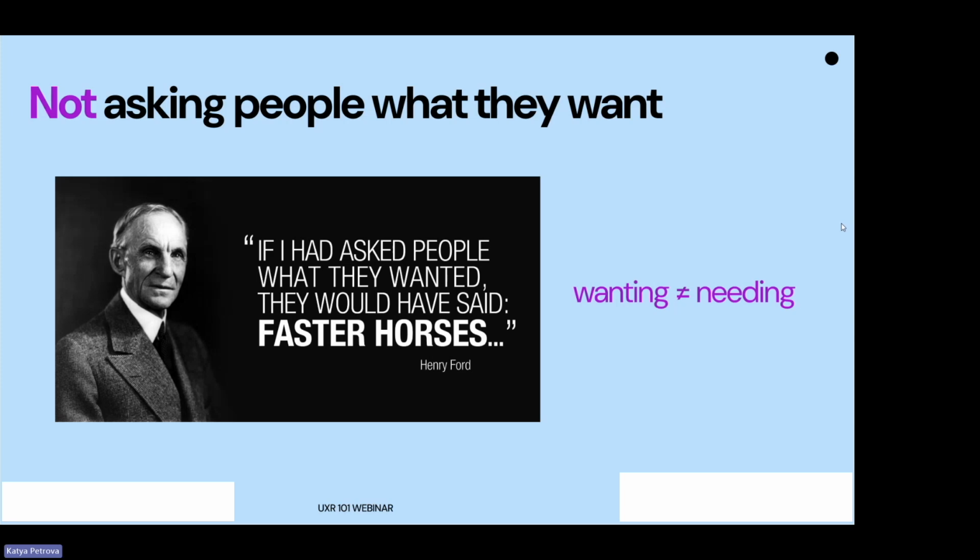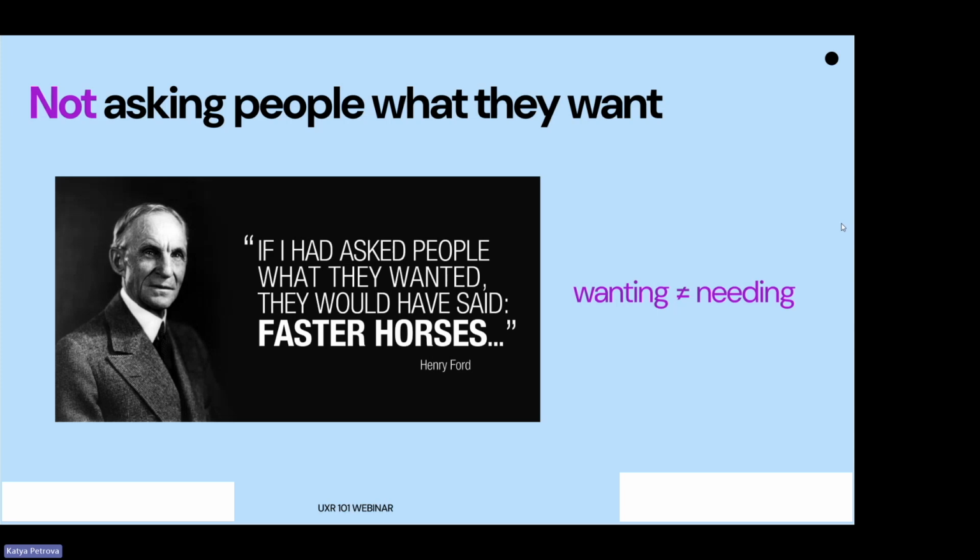And they're also notoriously bad at predicting their future behavior. So it's really up to us to translate insights about user pain points into workable hypotheses or assumptions for solutions that we can test with them later on.